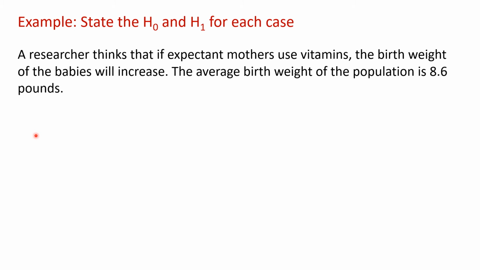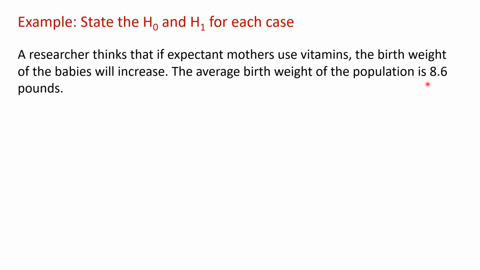So let's take a look at an example that I think will clarify this idea. State the null hypothesis and the alternate hypothesis for each case. A researcher thinks that if expectant mothers use vitamins, the birth weight of babies will increase. The average birth weight of the population is 8.6 pounds. So here, if you think about it, the mean is actually 8.6, right?